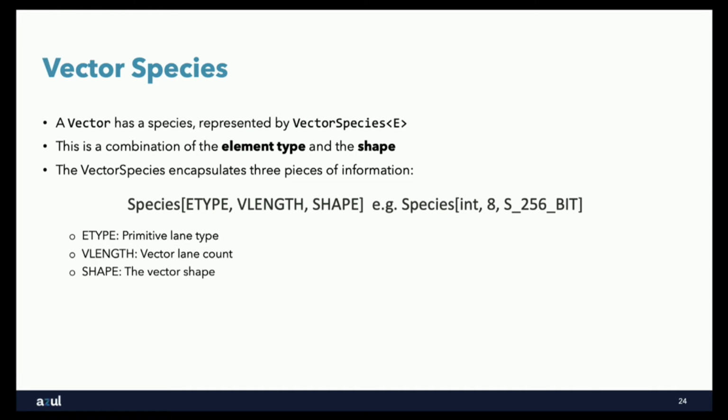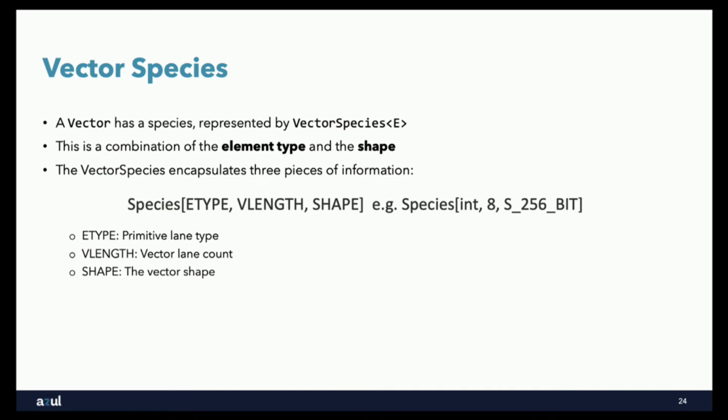You then have the idea of a vector species. The vector species is represented by the VectorSpecies of type E class. It's really a combination of two things, but it gives you three pieces of information. First is the element type, and the second is the shape or size. When you print the value of a species, you will see Species, and then you'll get the E type, the V length, and the shape.